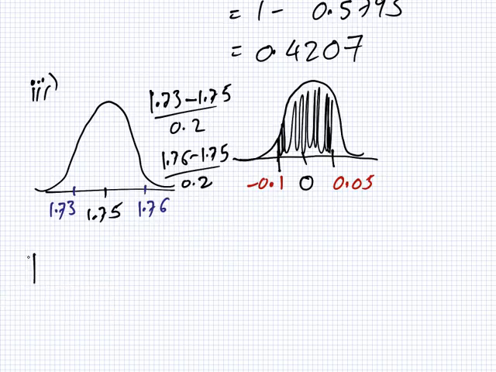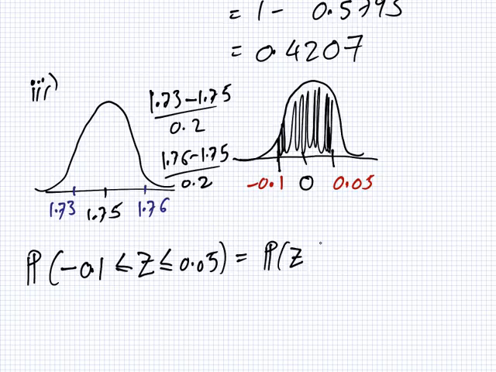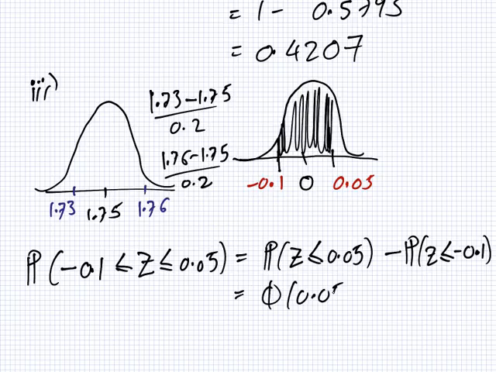The probability that the height or the Z is between minus 0.1 and 0.05 equals the probability that Z is less than 0.05 minus the probability that Z is less than minus 0.1. So that's the table book value of 0.05 minus the table book value of minus 0.1.